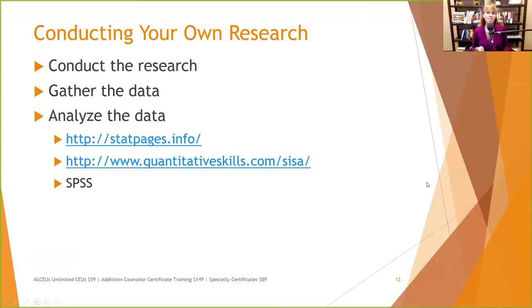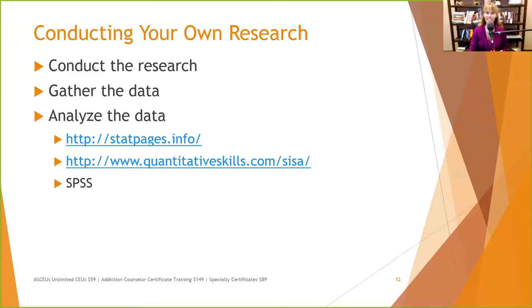So then conduct the research, gather the data, and analyze the data. And statpages.info and quantitativeskills.com/CESA are two places that you can go to do rudimentary statistical analyses for free online.